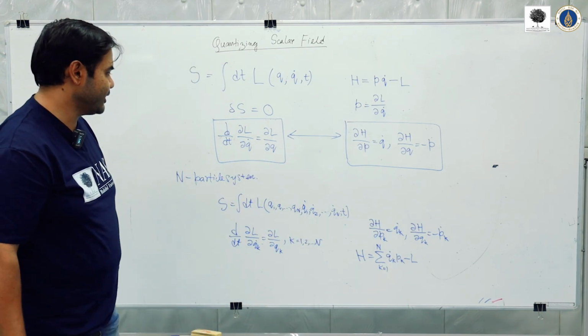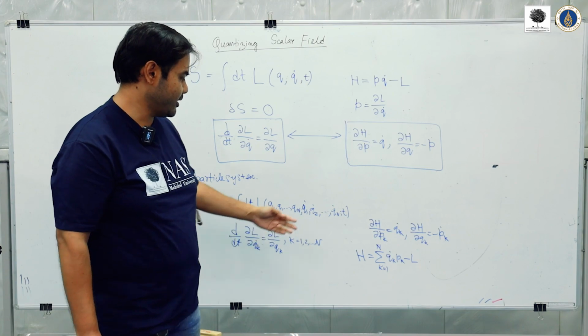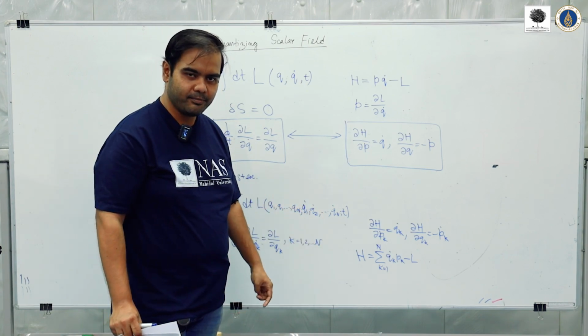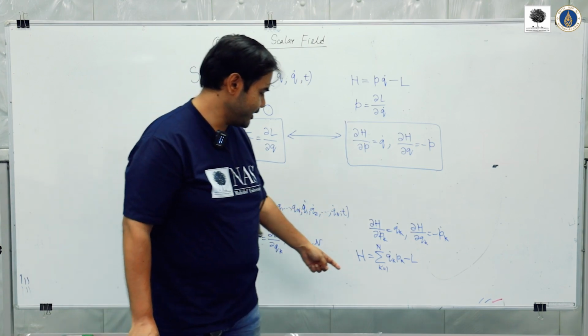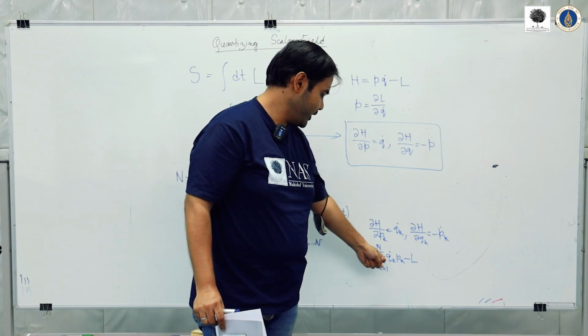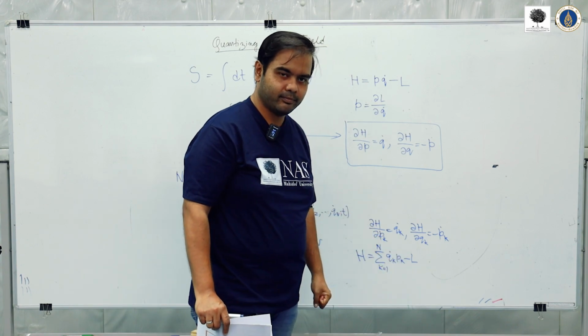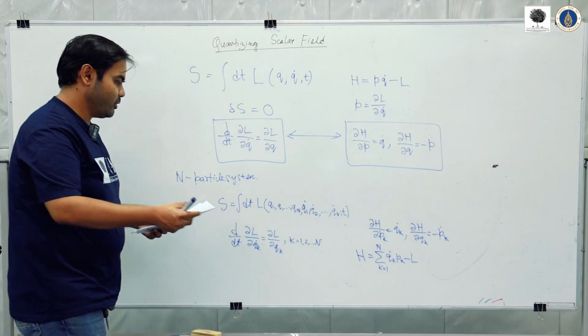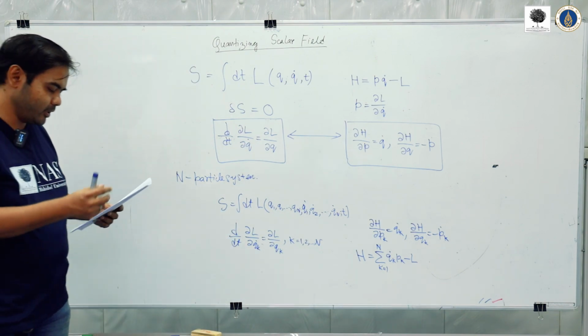So essentially you can see the one-particle dynamics is repeated for each value of k, and even the Legendre transformation we do for each and every k. So you go to a many-particle system and you go on.